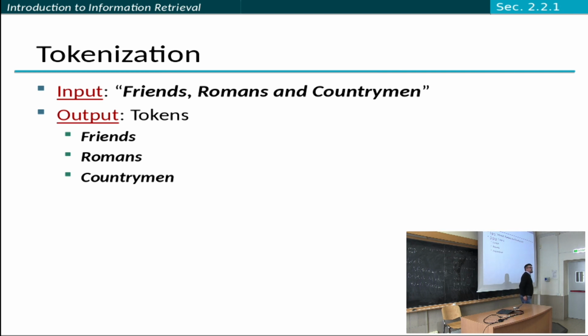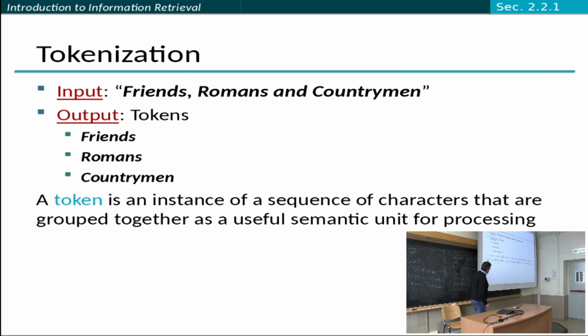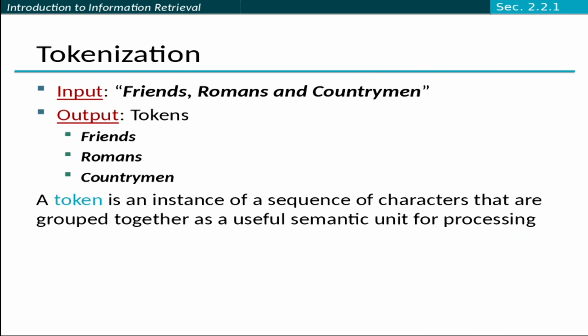Usually, what is, in your opinion, the simplest strategy in order to identify tokens? White spaces, right? It can be either white spaces, maybe it can be commas, stuff like that. Okay, indeed, this is the simplest strategy. But first of all, let's understand what a token is. A token is an instance of a sequence of characters that are grouped together as a useful semantic unit for processing.